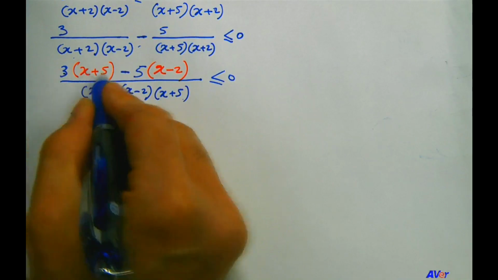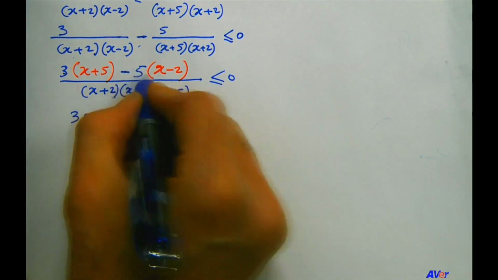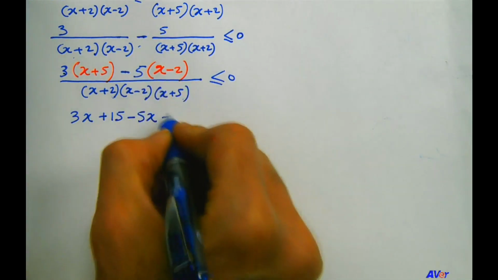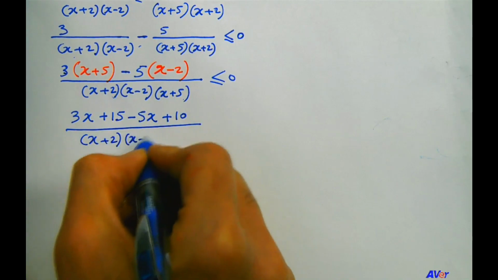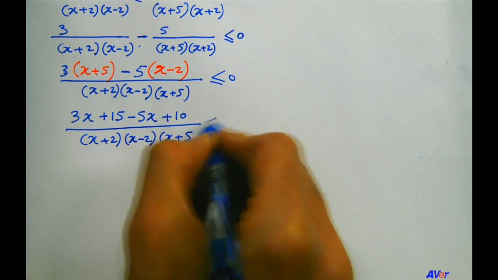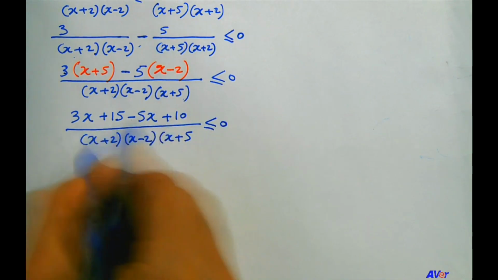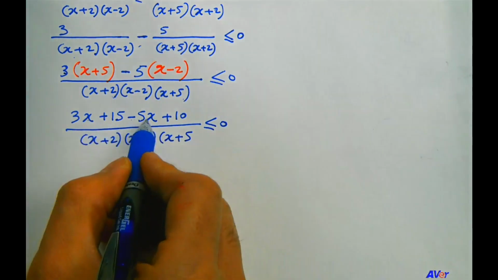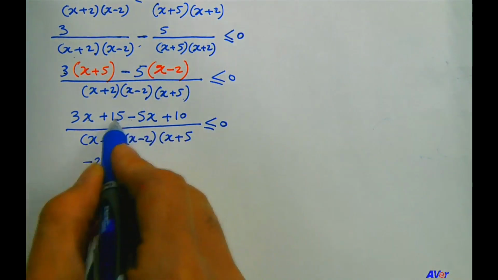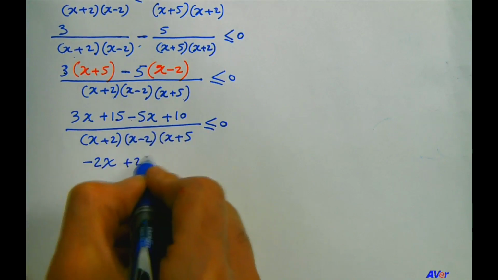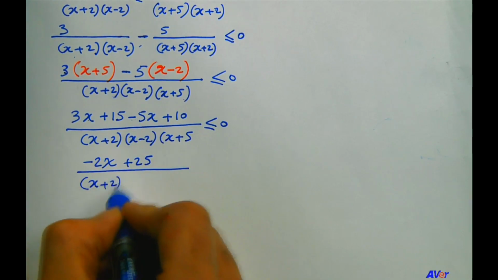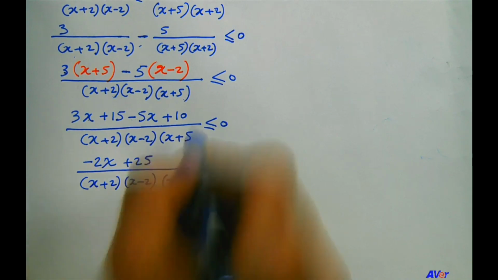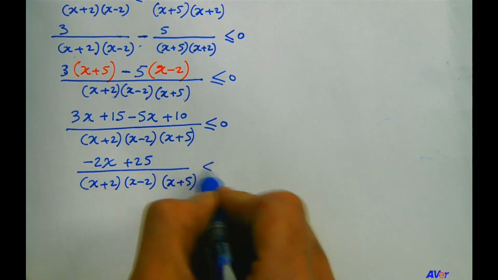So 3 times x is 3x, 3 times 5 is positive 15, minus 5x plus 10, divided by (x plus 2) times (x minus 2) times (x plus 5), less than or equal to 0. Let's simplify the numerator a little more. 3x minus 5x is minus 2x. 15 plus 10 is 25. All of that divided by (x plus 2)(x minus 2)(x plus 5) less than or equal to 0.